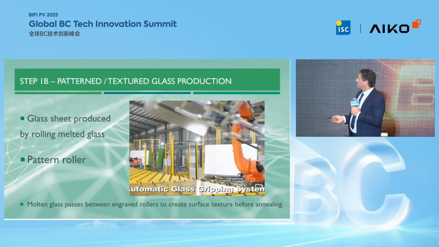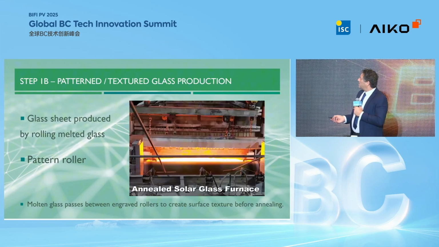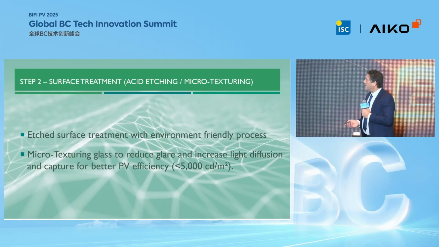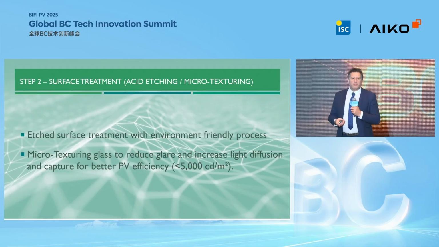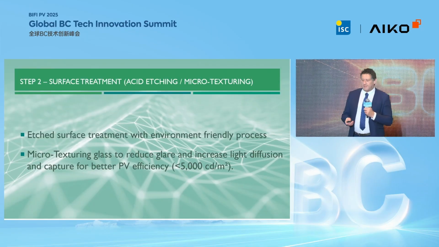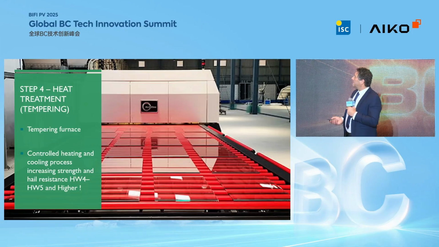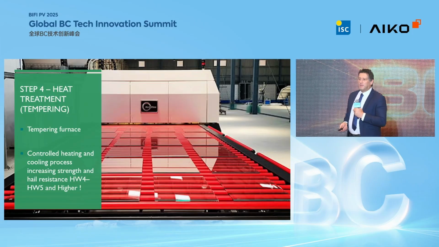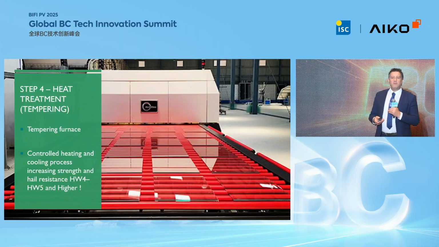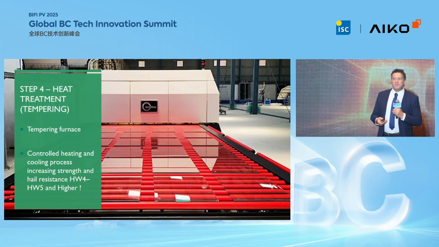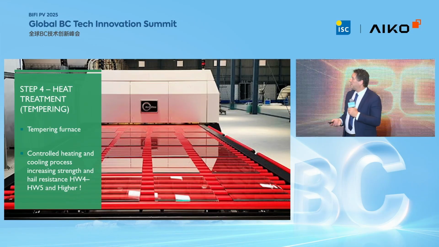The next step, when you have the raw glass: you can do coating, you can do texture on the glass. You cut it, you temper it. It's also a very important process where we can improve the high resistance to shock, for safety but also security.